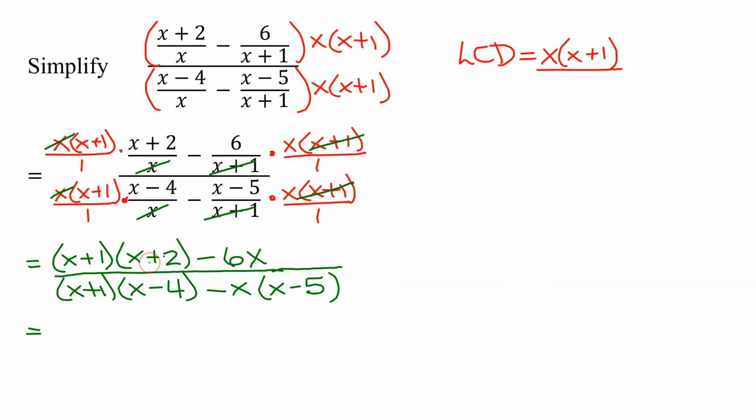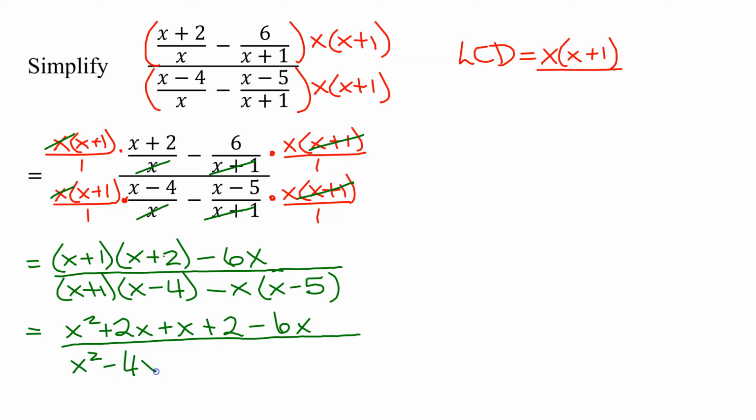So x plus 1 times x plus 2, FOIL: x times x, x squared, outer x times 2 plus 2x, inner 1 times x is plus x, last 1 times 2 is plus 2, minus 6x, all divided by, yes, I've got to FOIL this out too, x times x, x squared, outer is negative 4x, inner is 1x, or just plus x, and last is minus 4.